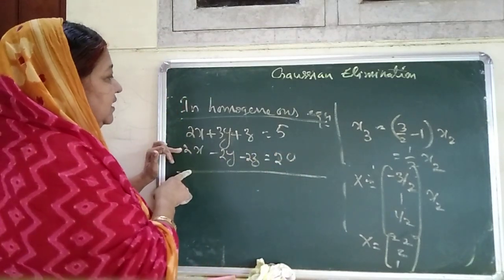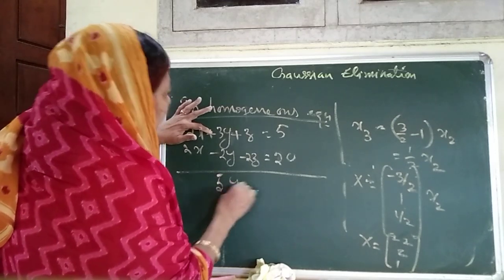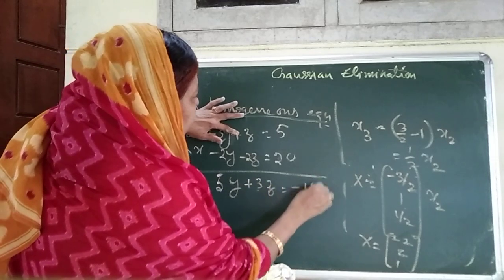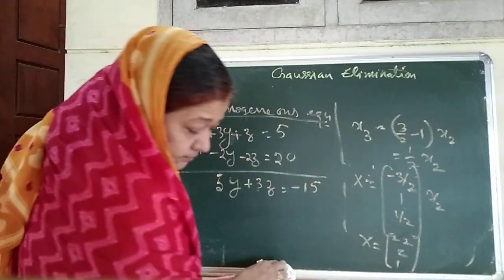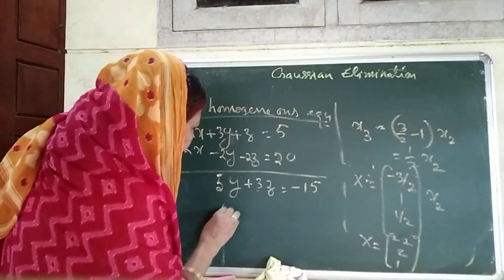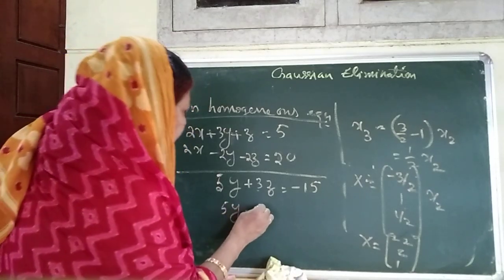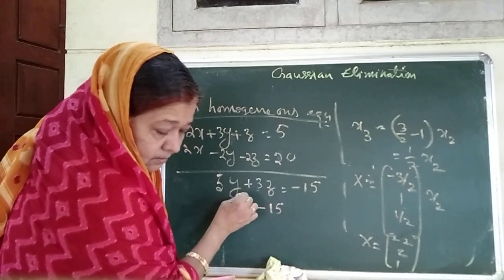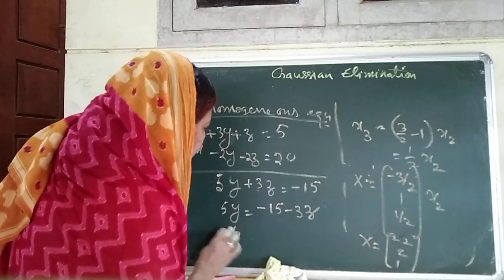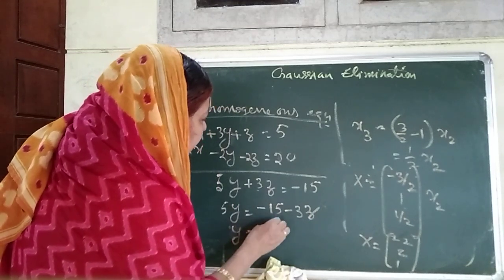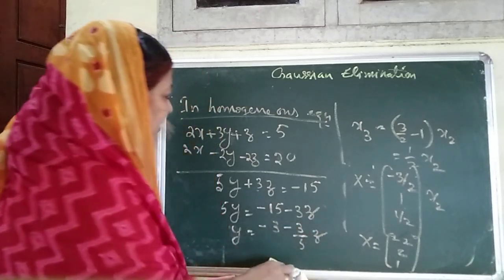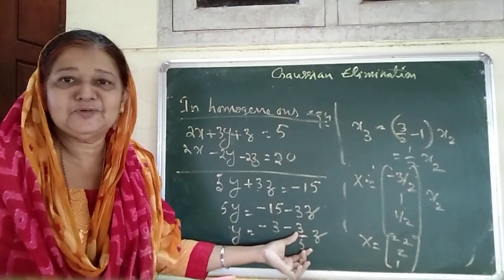Then subtracting, we get 5y plus 3z equal to minus 15. So 5y equal to minus 15 minus 3z. Therefore, y equal to minus 3 by 5 into z. So we express y in terms of z.